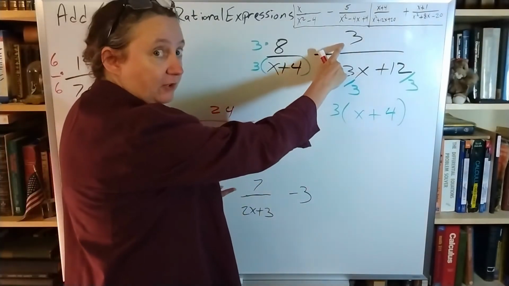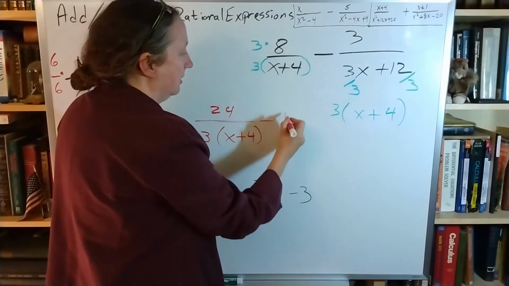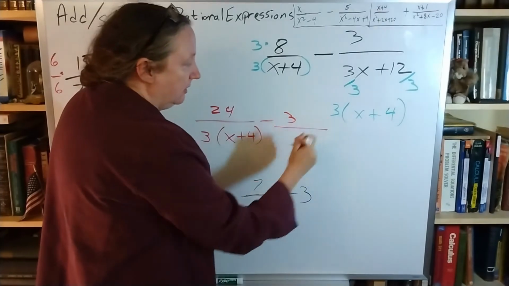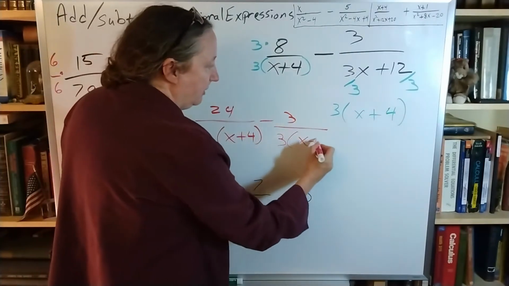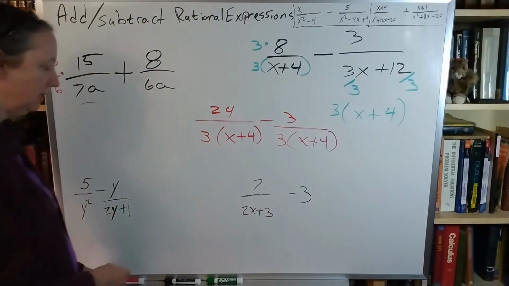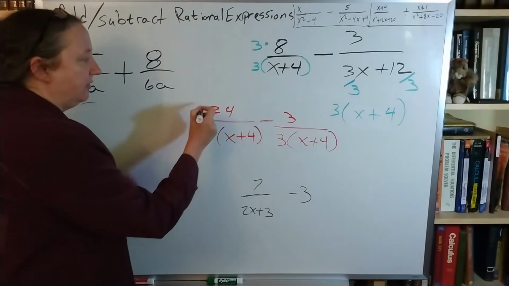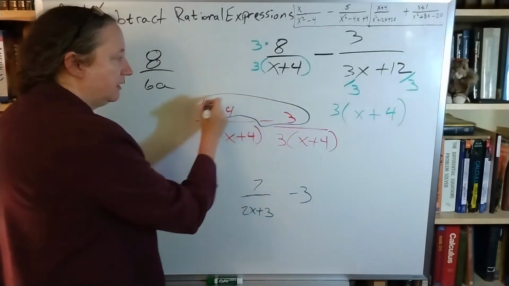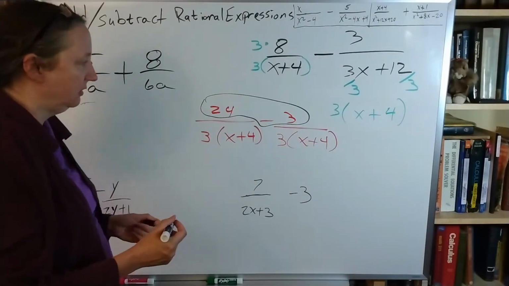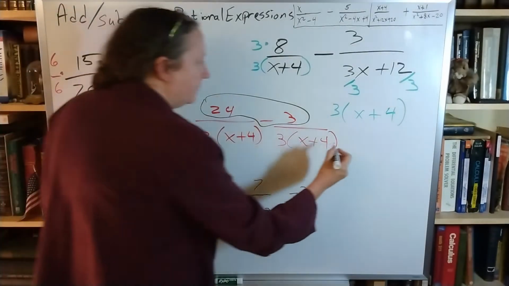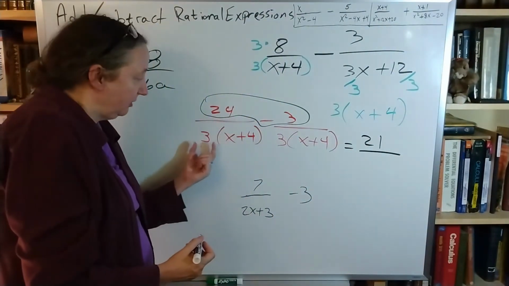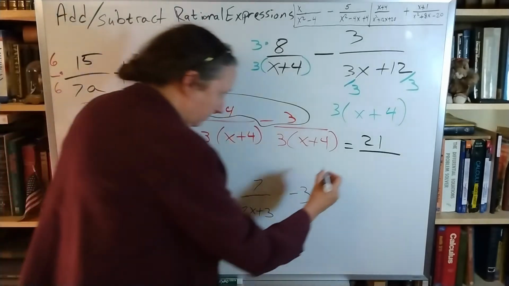I didn't have to multiply this by anything, so it just stays a 3, over my factored form, 3 open x plus 4 close. Now I do my subtraction. I keep the bottom the same. So 24 minus 3 is 21. I keep my bottom the same as 3 times x plus 4.